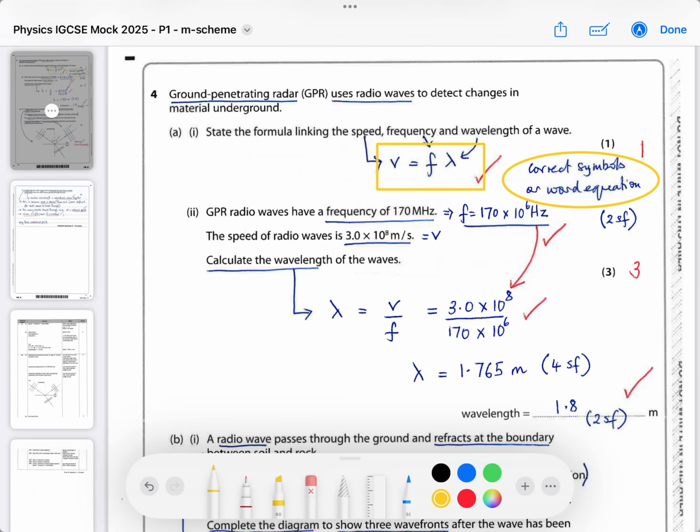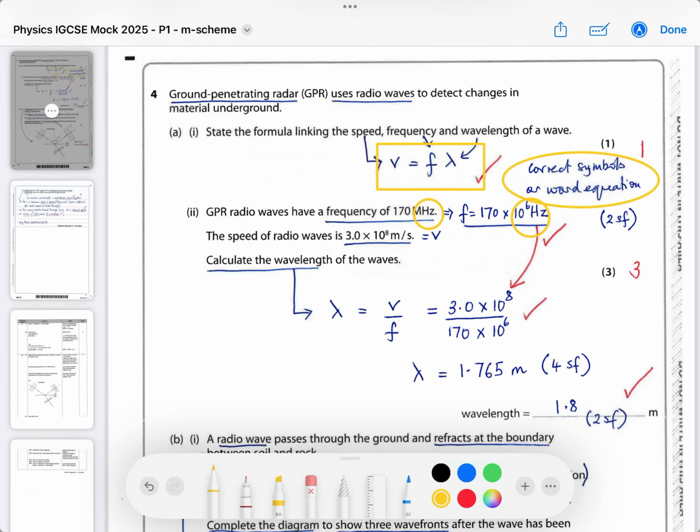GPR radio waves have a frequency of 170 megahertz. Well, megahertz means times 10 to the 6 hertz. If you don't know your prefixes, like kilo, mega, giga, go and learn them before your exam.